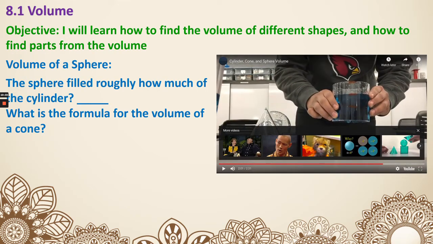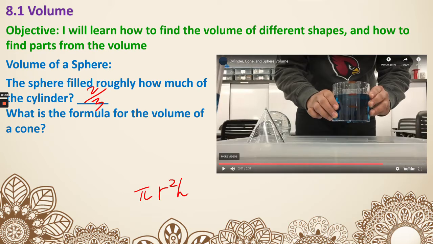If you have a look, it actually fills up 2/3 of the cylinder. So let's actually come from the formula of a cylinder, pi r squared h. Something we do know is this sphere is actually the same height as the cylinder, which may not be called a height.